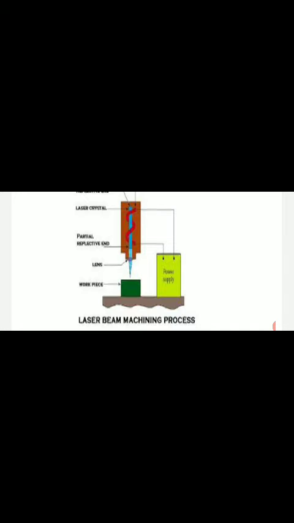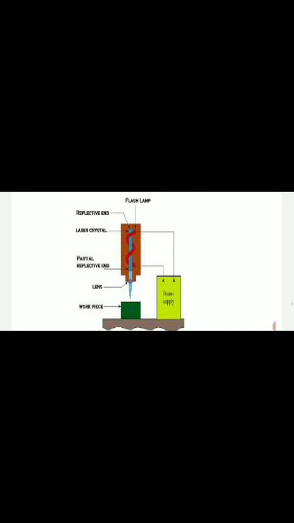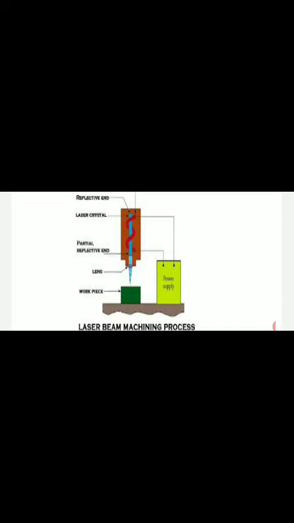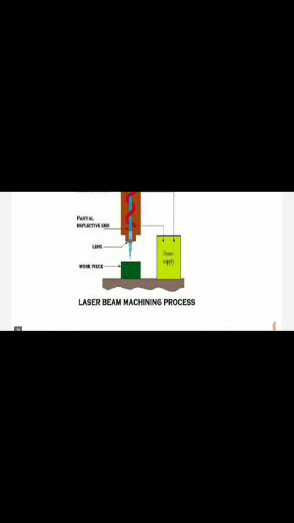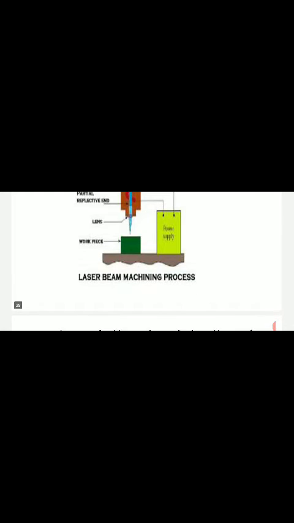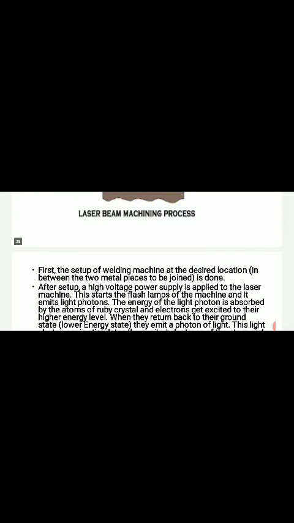All of this is shown in the figure. The xenon flash lamp surrounds the ruby crystal and is connected to the power supply mains, and a capacitor bank can also be used for supplying power continuously.